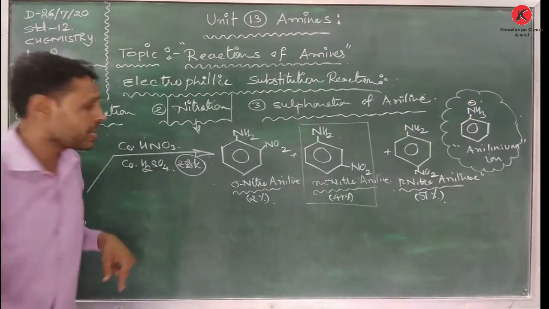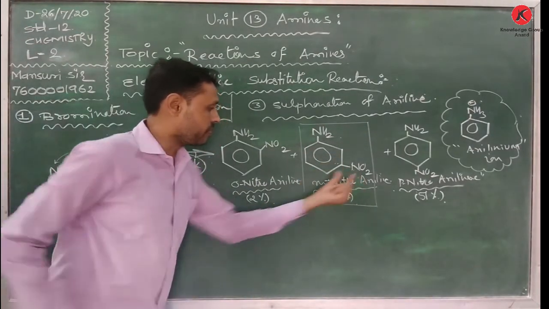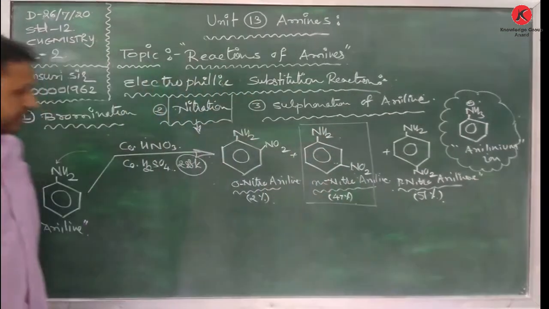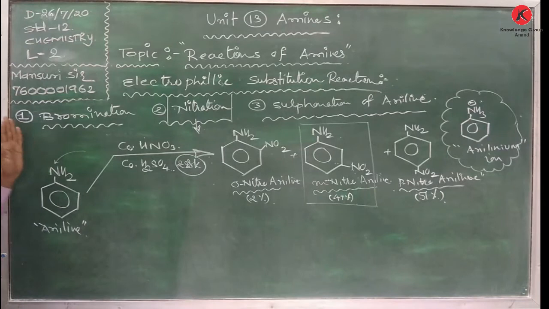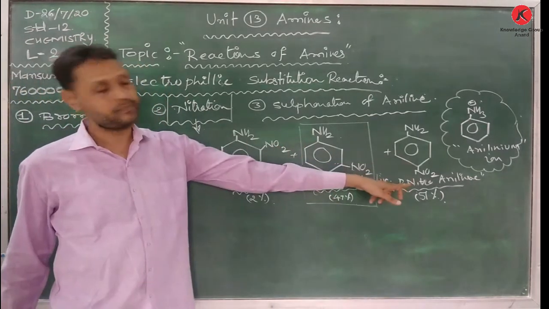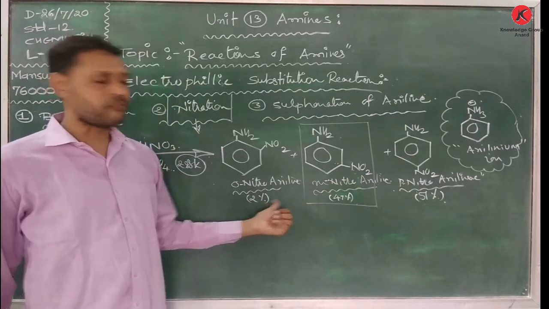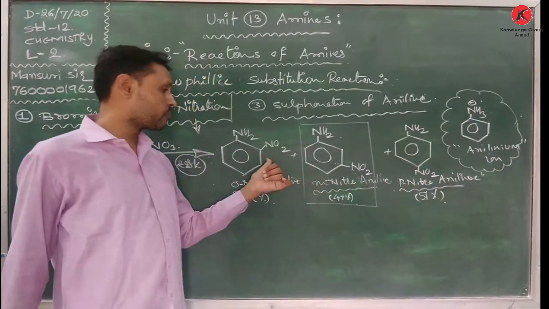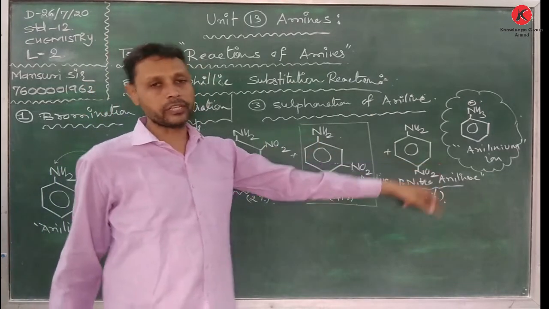That is why meta-nitroaniline is also obtained. Okay. So here three products, ortho, meta and para, by 2%, 47% and 51%. This is the minor product, this is the major product that is obtained.